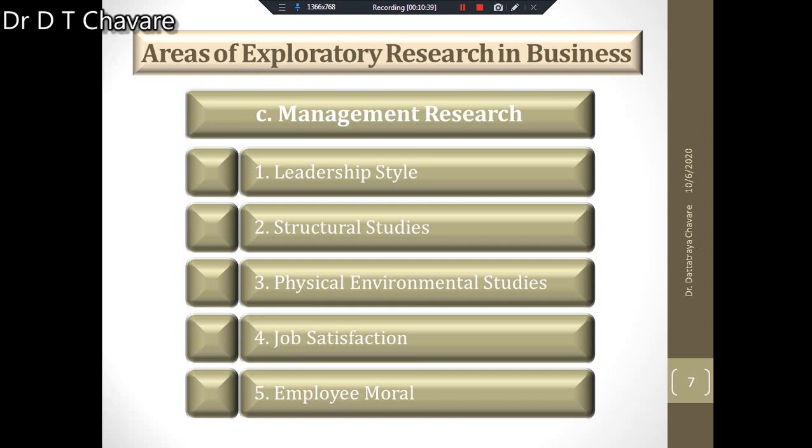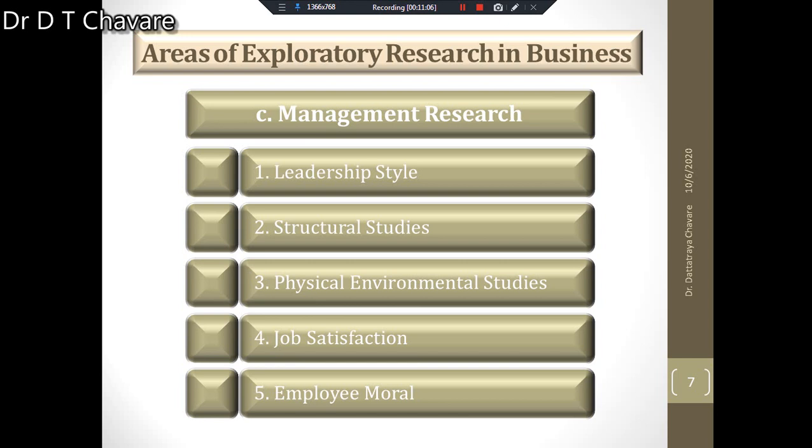Management research is also very interesting research. In this research also, five types of activities can be conducted. First, leadership style. What type of leadership is there? About that leadership also you can conduct research, and from that study you can reach a conclusion and make suggestions for the improvement of the leadership style.